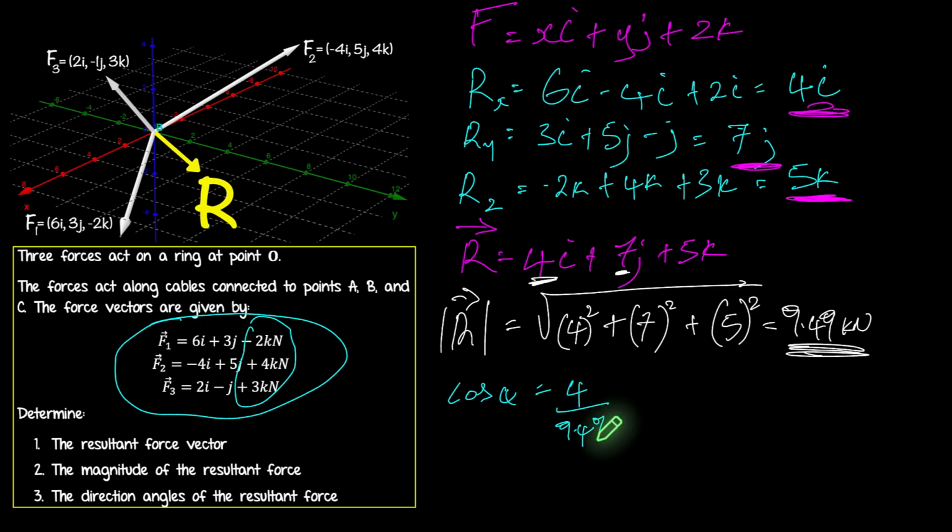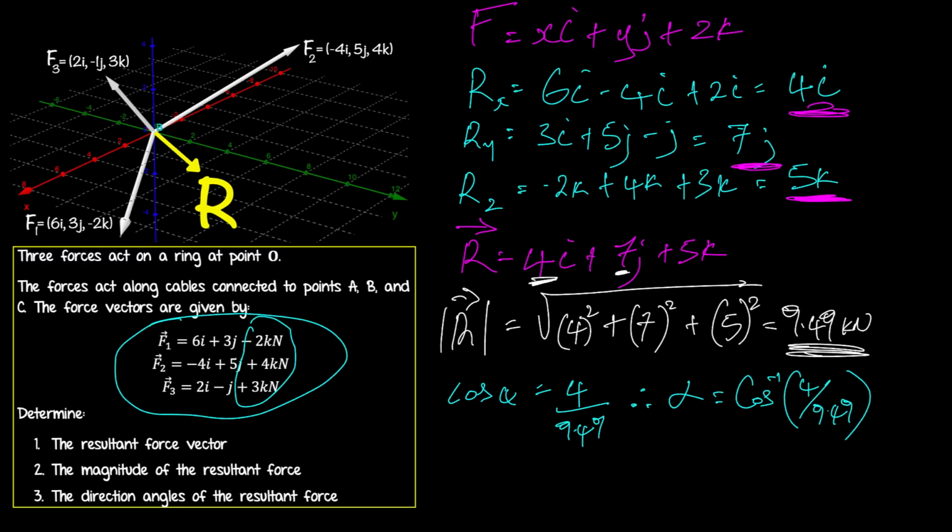So as you can imagine, if you're going to find the angle here, therefore our angle is going to be cos inverse of 4 over 9.49. And this is what you put in your calculator to get the angle that we're after.